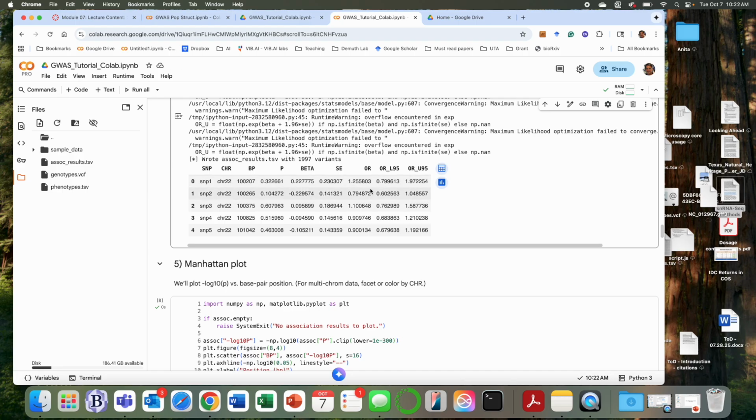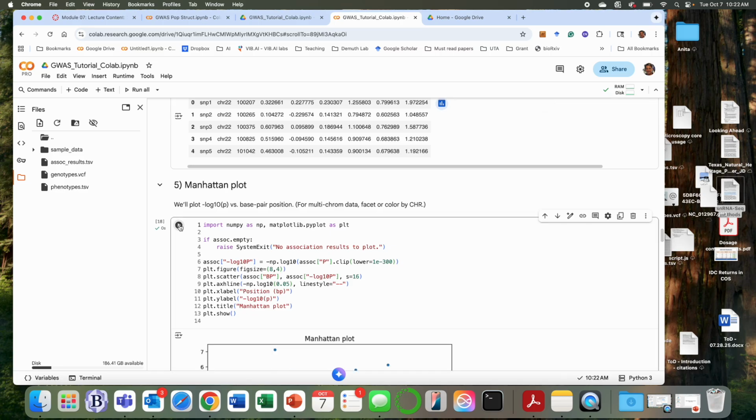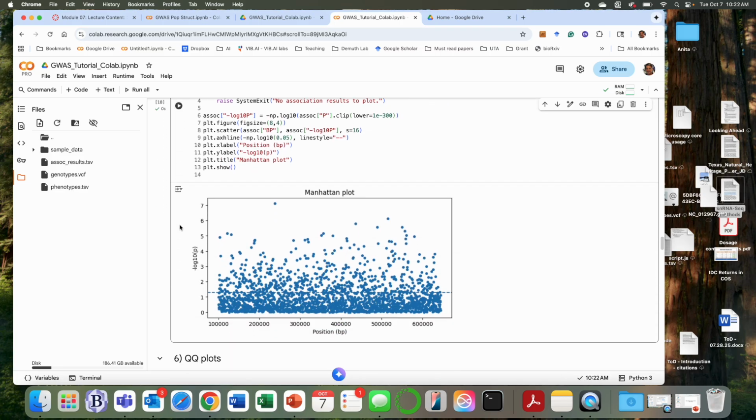So that's got our odds ratios and everything. We're going to now generate a plot. And so far, we've run the same pipeline we did the first time around on this data. So we have not accounted for the population structure in this data set. Because our first time around, there was no population structure. This time, I've already told you there is population structure.